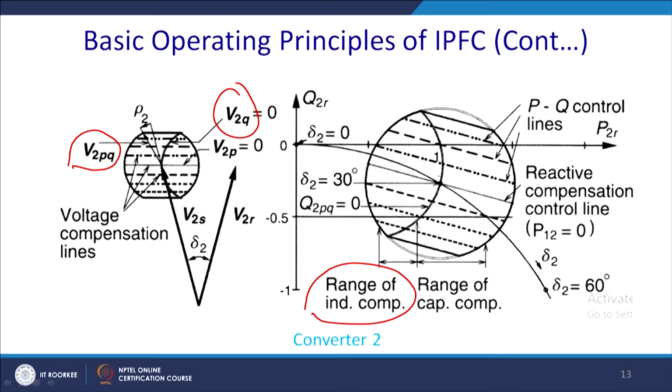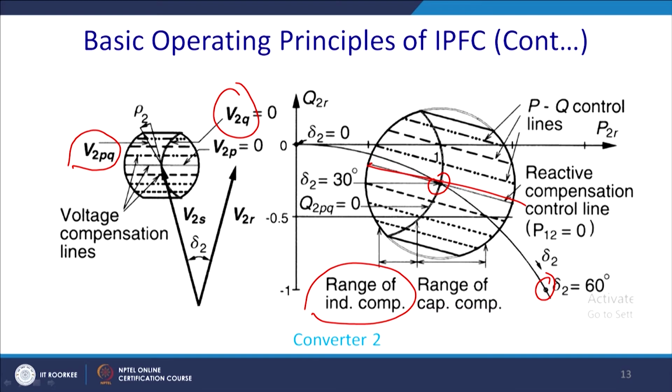So, ultimately you are operating here, and these are the PQ lines, where this line corresponds to no exchange of real power. This is the inductive region, and this is the capacitive region, and this is a delta line, showing how the circle of influence will change with the change of delta.